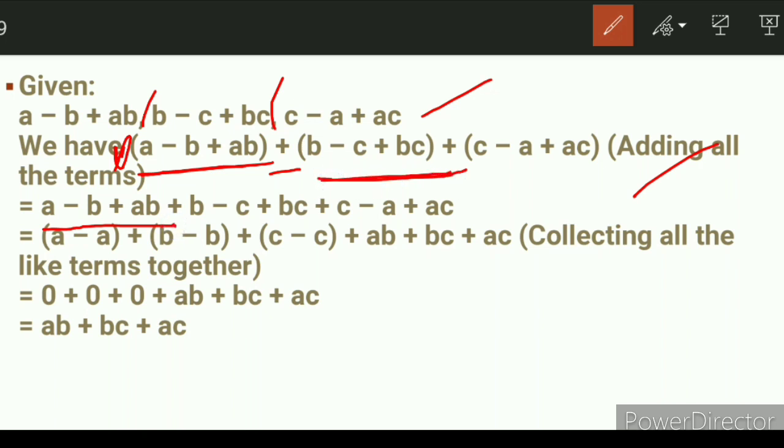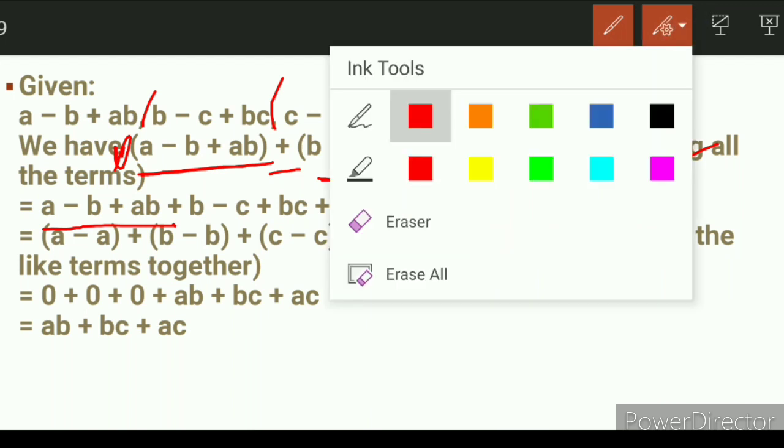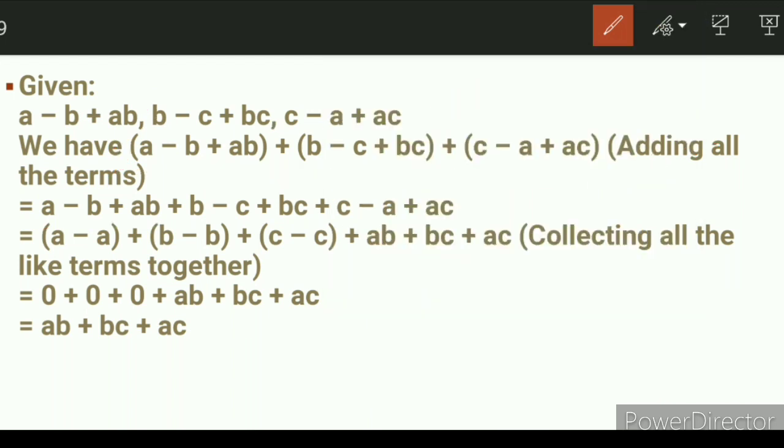The second expression has a plus sign outside, so if you multiply by plus, the original expression's signs will not change. Plus into plus only, plus into minus minus, plus into plus plus, so there is no change, so write as it is. If you multiply by minus only, the sign gets changed. Okay, now after that don't write this step, we will collect the like terms.